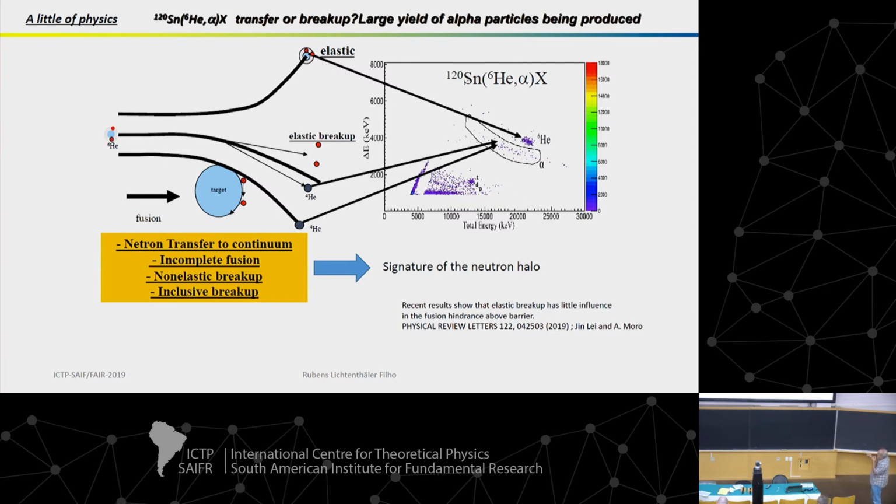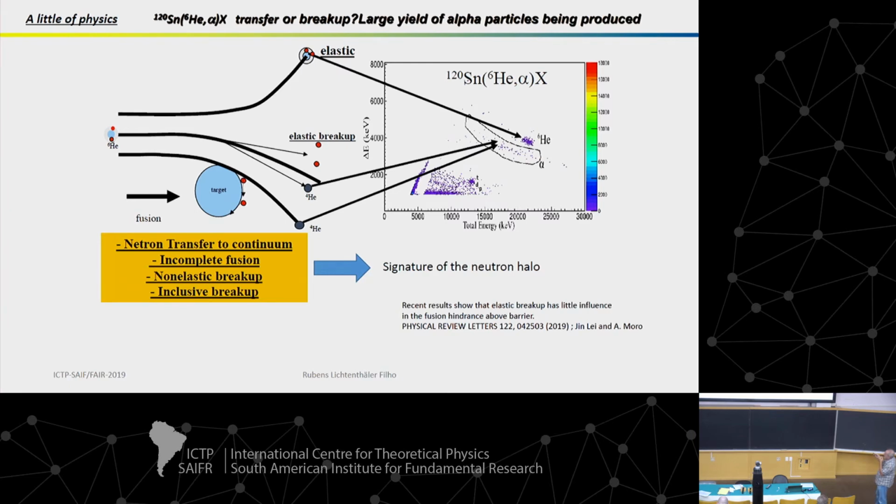In elastic breakup, the helium-6 comes, interacts with the target, and breaks up into an alpha particle and 2 neutrons. The neutrons we don't detect, but the alpha particle we detect. And this is what we see here. So elastic breakup means that this process occurs and leaves the target in its ground state.